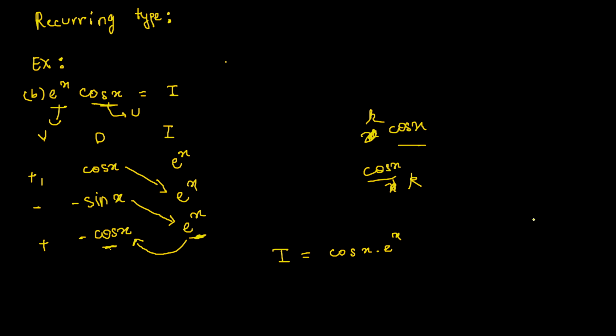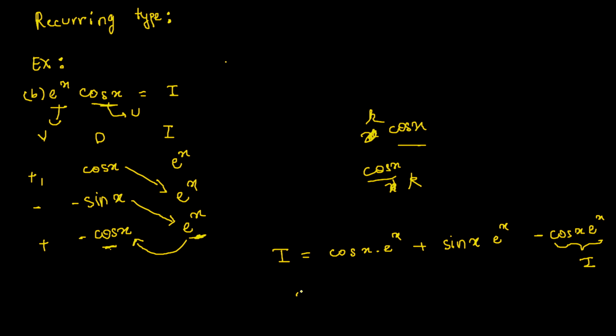Minus and minus becomes plus. So plus sin x into e to the power x. And now I have minus cos x into e to the power x. So like you can see, cos x into e to the power x is basically I.